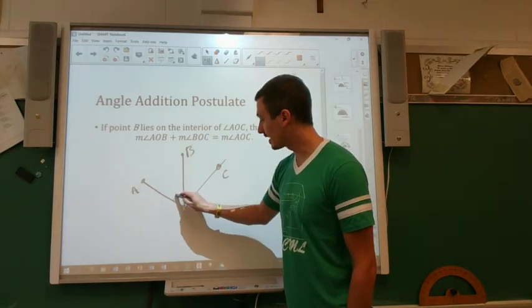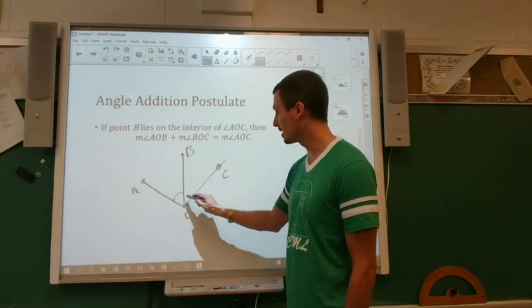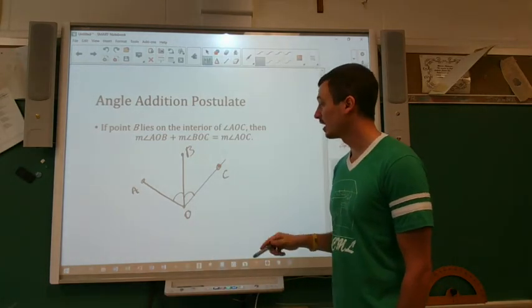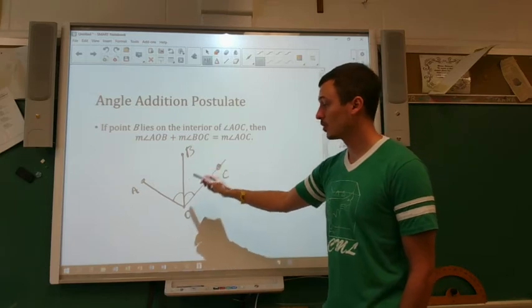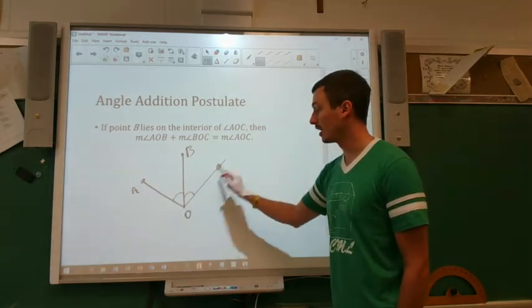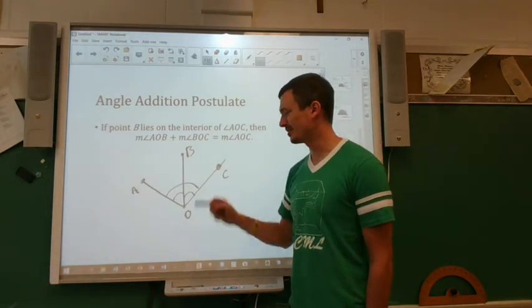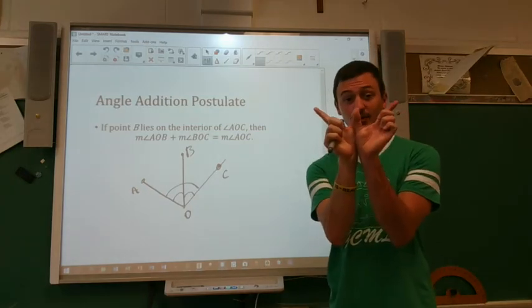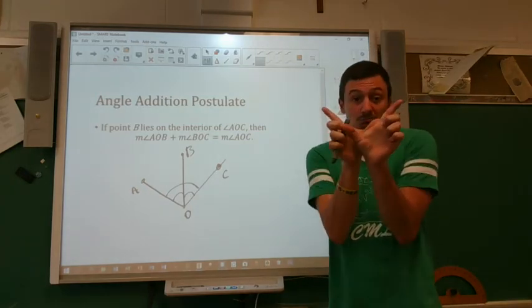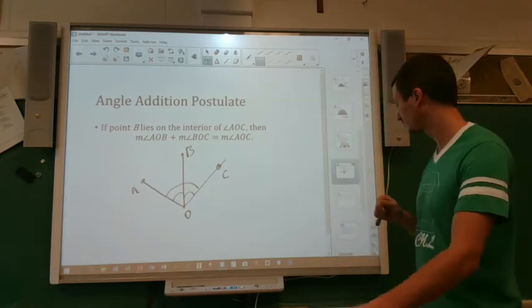So if we take the measure of angle AOB plus the measure of BOC, then the sum will be this total measure of AOC. Which, I mean, that makes sense, because if I have two things that are right next to each other and I add them together, I get the whole thing. That's what addition does.